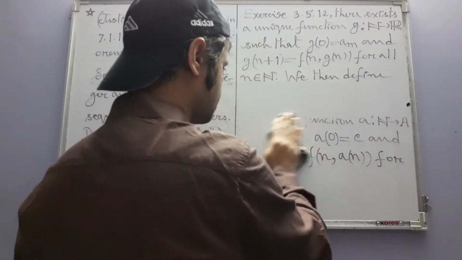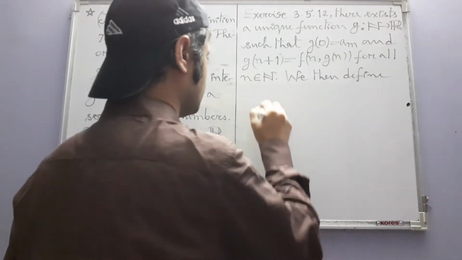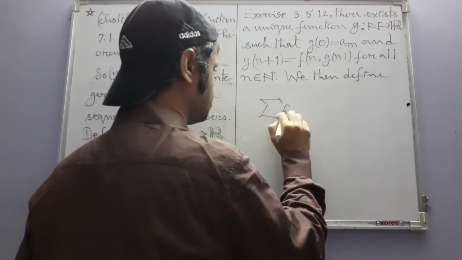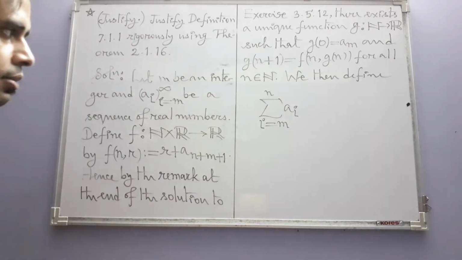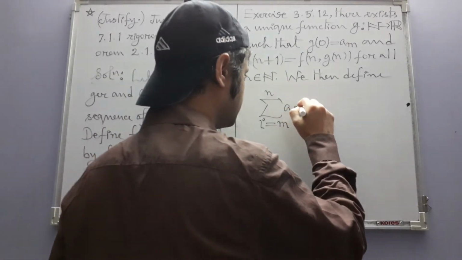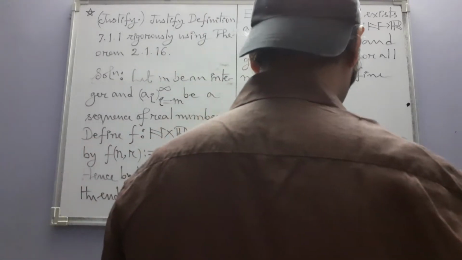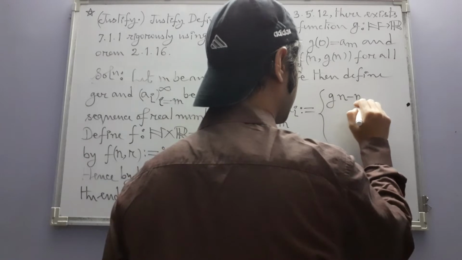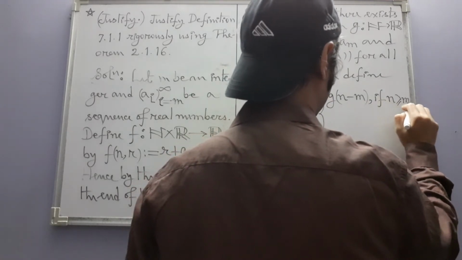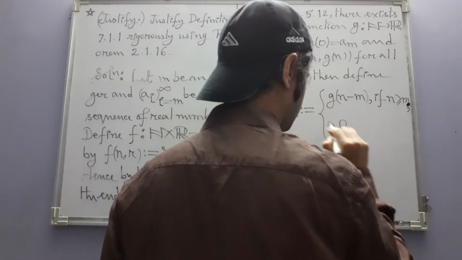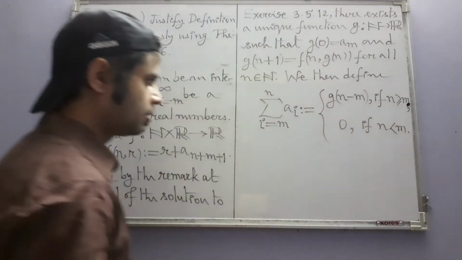Define our finite series, like before, the sum of a_i, where i varies from m to n, to be equal to g of n minus m if n is greater than or equal to m, and it is defined to be equal to 0 if n is strictly less than m.